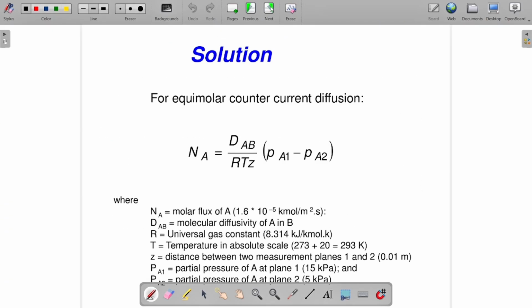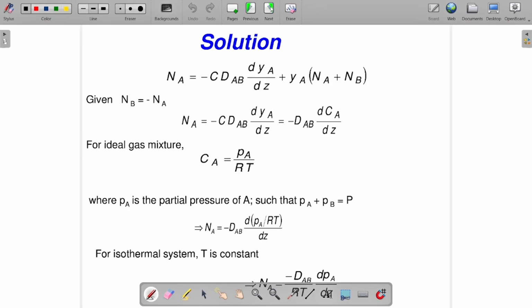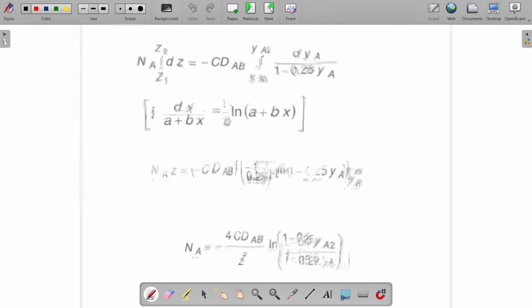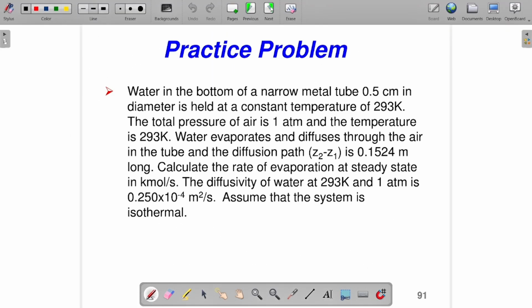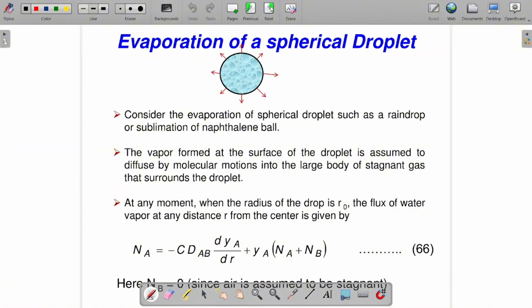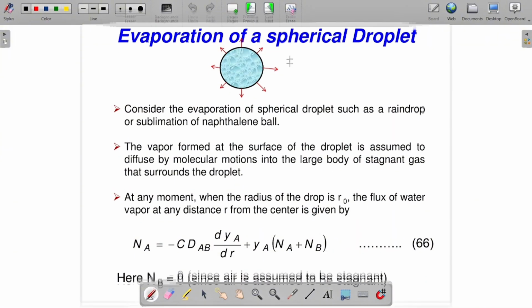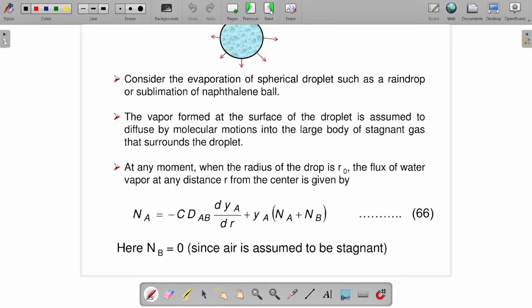The next thing we're talking about over here is the evaporation of a spherical droplet. This is how it behaves. You assume the air is stagnant, because if you have a droplet and a large mass of air around it, you assume the air around it to be stagnant, which means that NB becomes zero.